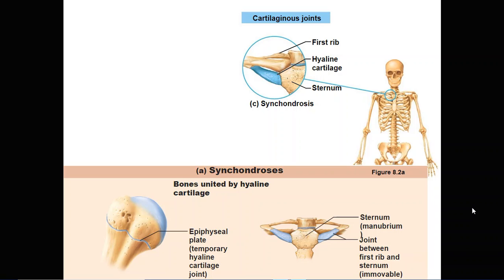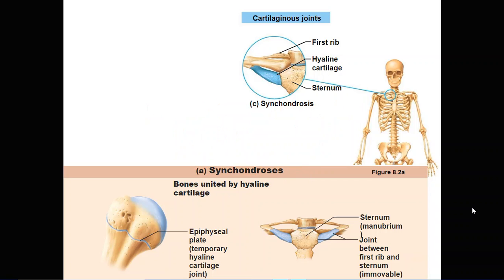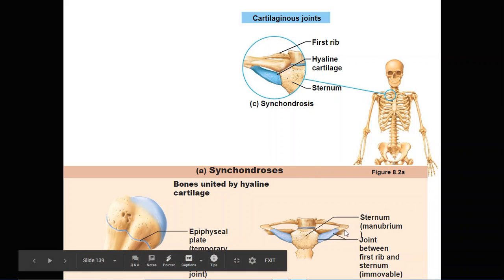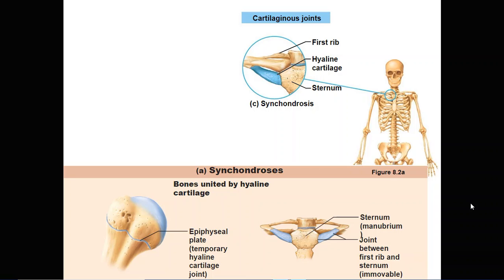Another example of a synchondrosis joint is the immovable joint between the costal cartilage of the first rib and the manubrium of the sternum. And if you look at figure B, which it doesn't have labeled as B, but if you look at this figure right here, you see the sternum and you see that first rib, and you see the joint right there between the costal cartilage of the first rib and the manubrium of the sternum.